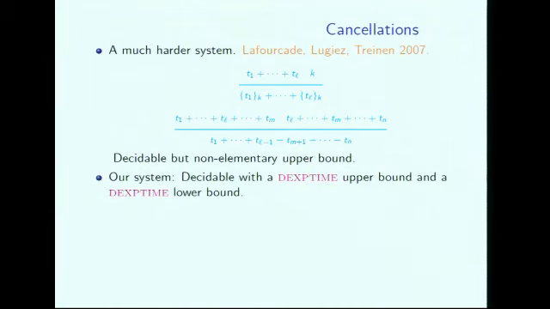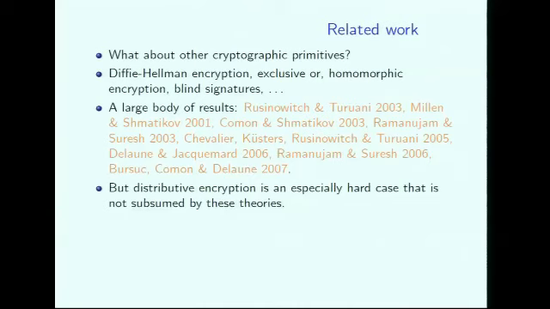There you can show that the problem is decidable, but the only upper bound known is non-elementary. We do not know whether there is an elementary upper bound at all. What we are talking about here is that you are not working with commutative operators and cancellation, but with encryption that is distributive, and what we show is that it is DEXPTIME complete. So, how do you do that?